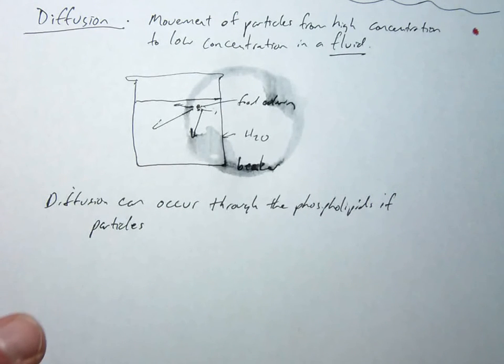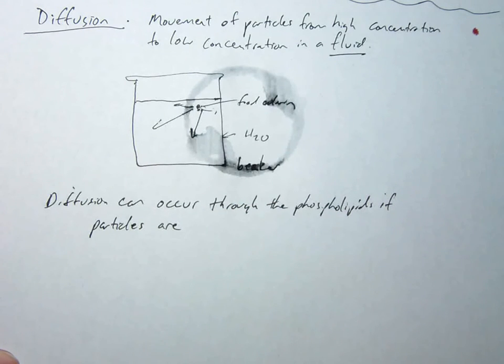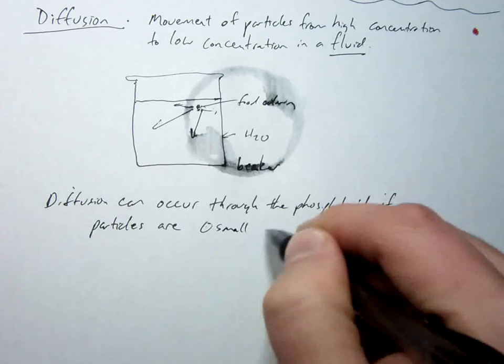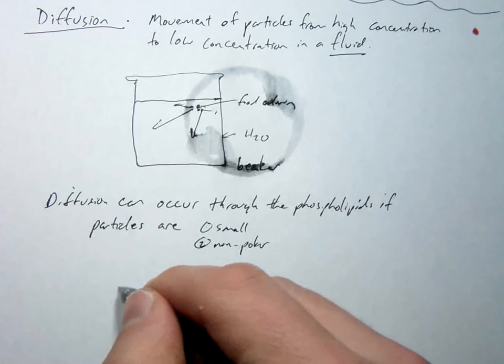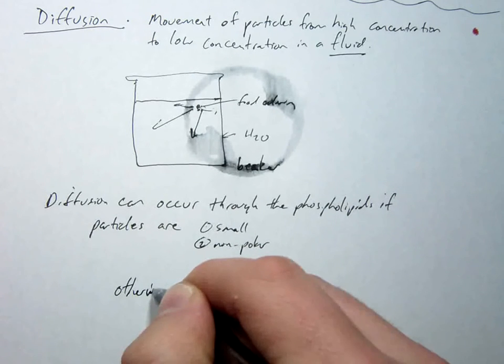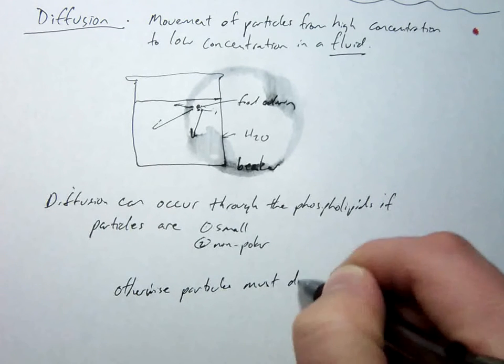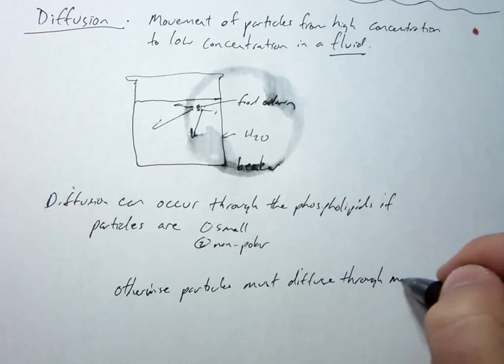What were they? Small and non-polar. Otherwise, particles must diffuse through membrane proteins.